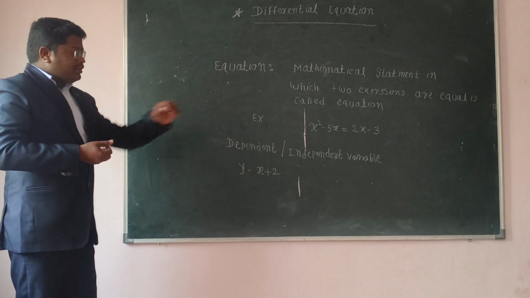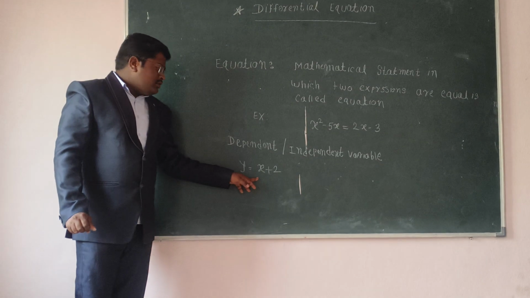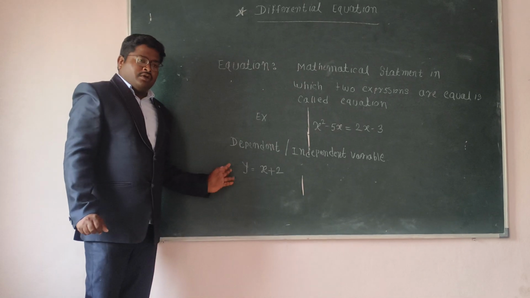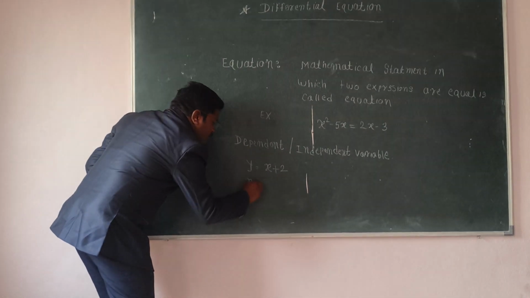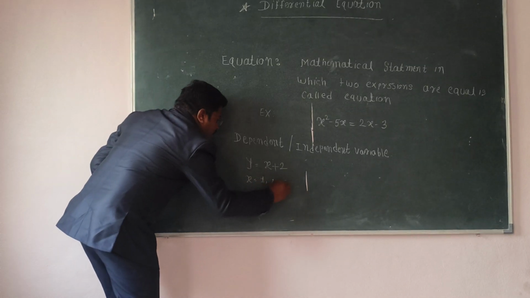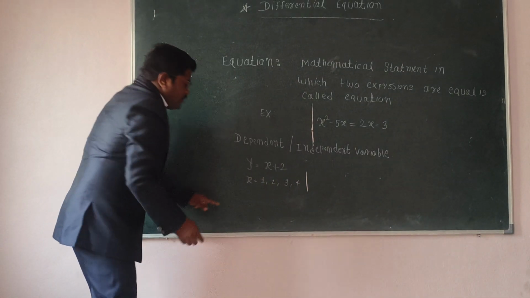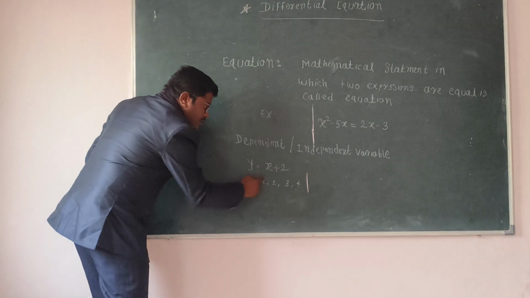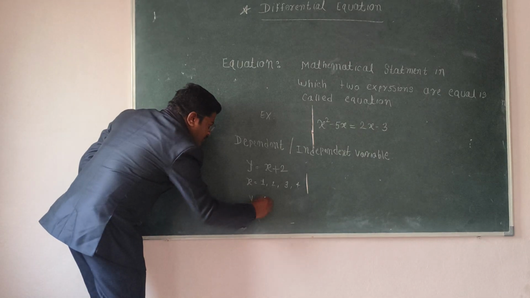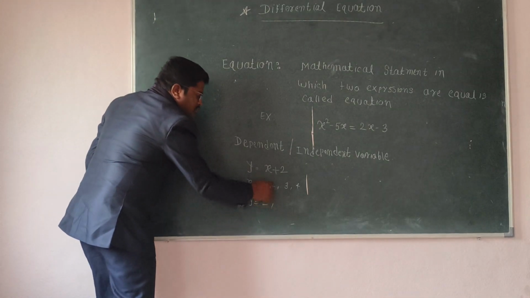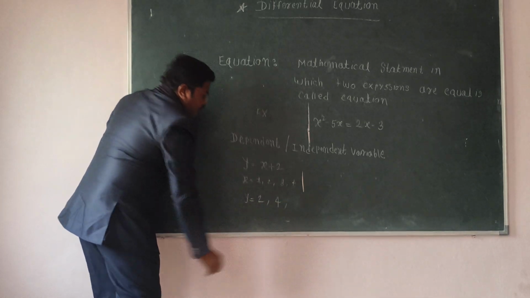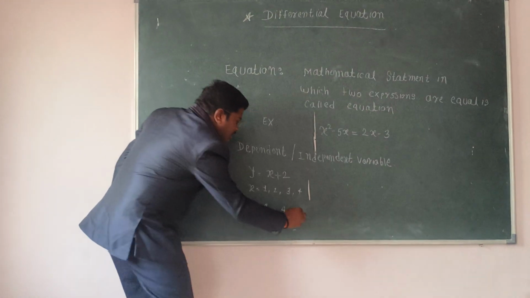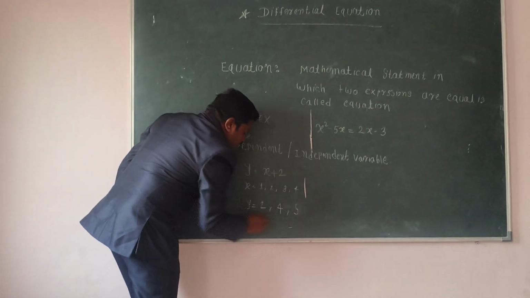If we put the value of x, we get different values of y. Let us consider x is equal to 1, 2, 3 and 4. If we put x is equal to 1, y is equal to 2. If we put x is equal to 2 in this equation, we get y is equal to 4. If we put x is equal to 3, we get y is equal to 5.